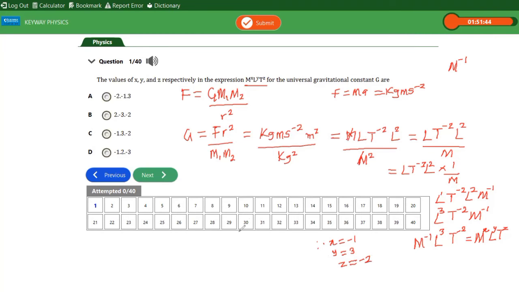So the option here that goes with minus 1, 3, and minus 2 is option C. So the correct answer here is C.